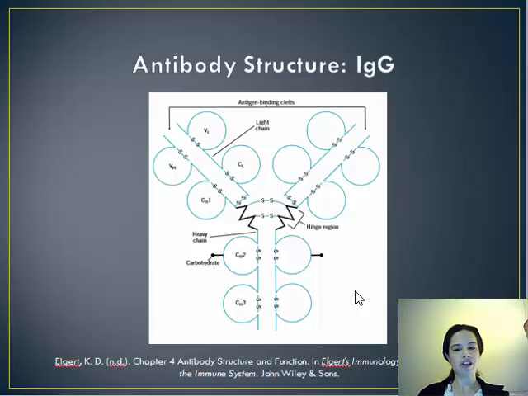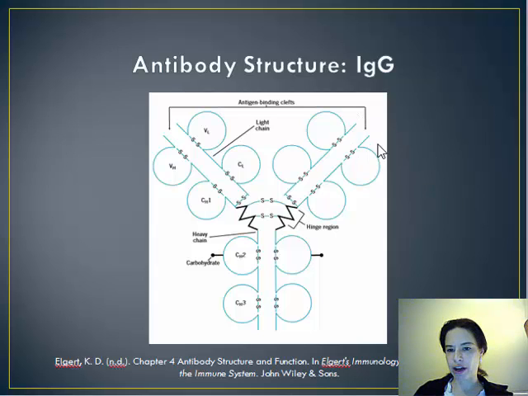With the IgG, as we learned in the book, we have a heavy chain region at the base. We also have a hinge region and a light chain region. And then at the ends of the Ys, we have the antigen binding sites.